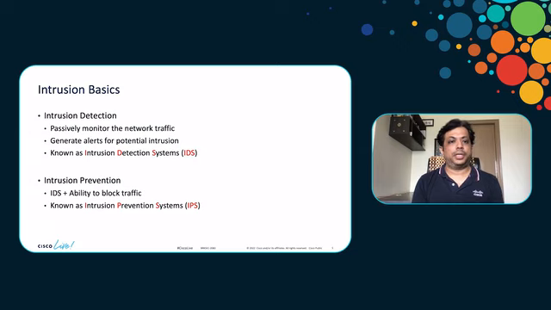When it comes to intrusion detection, the systems are deployed in the network in such a way that they receive a copy of the actual traffic that is passing through the network, which means it is passively monitoring the network traffic.